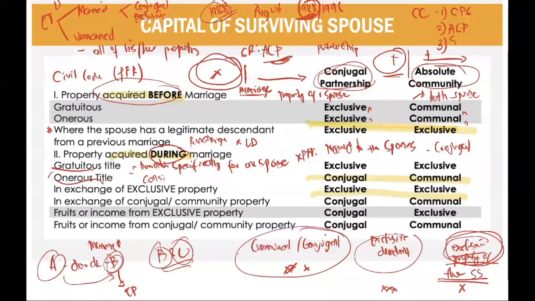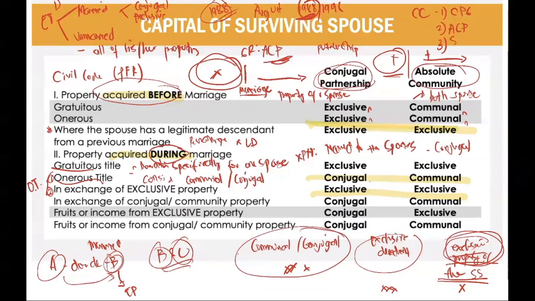These two items are acquisitions of property by onerous title. Clear? 1 and 2 here are items that are considered acquisition of property by onerous title. But here in your onerous title, we assume that the consideration came from your communal or conjugal property.